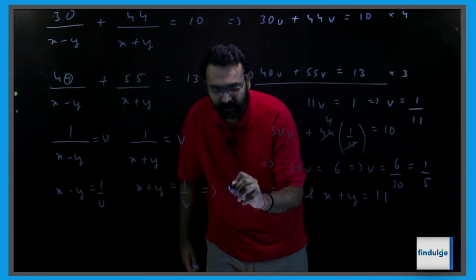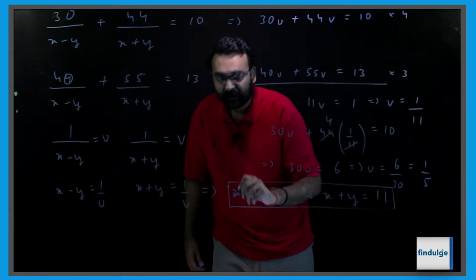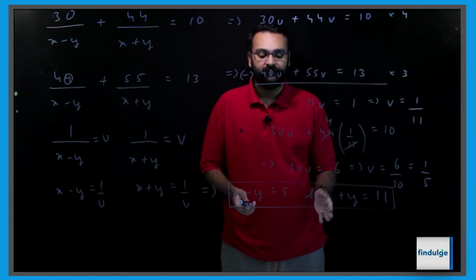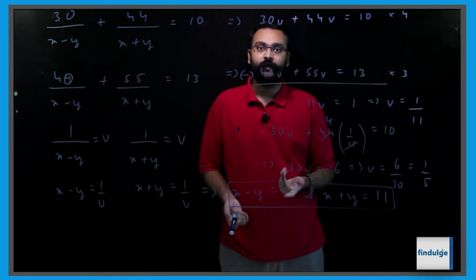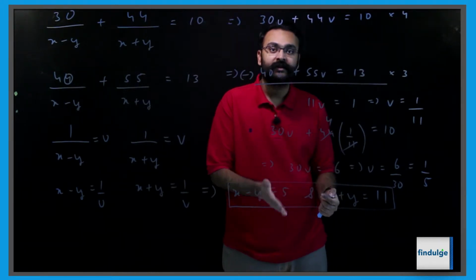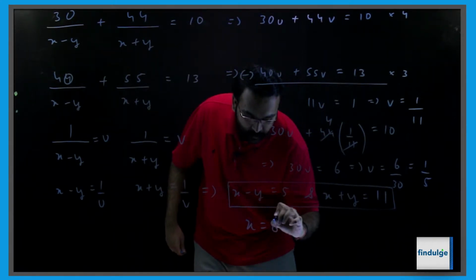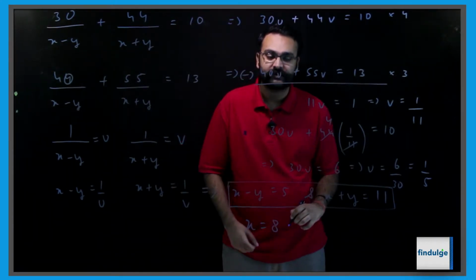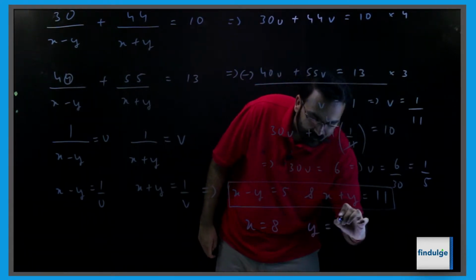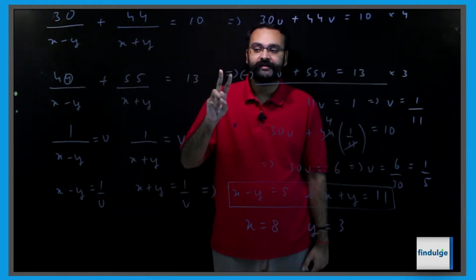And now you have these two equations which you will solve, and these are of course very simple to solve. For example, I can do it right away by adding them for elimination method. 2x equal to 16, x equal to 8, plugging into the first equation, 8 minus y is 5, y equal to 3. So as I said, substitution twice.